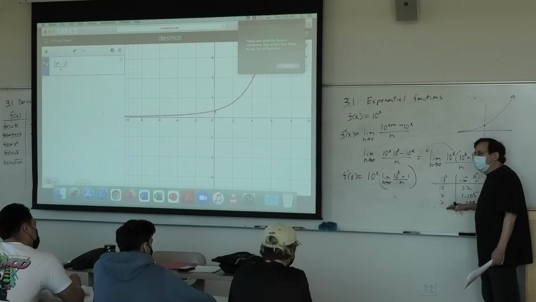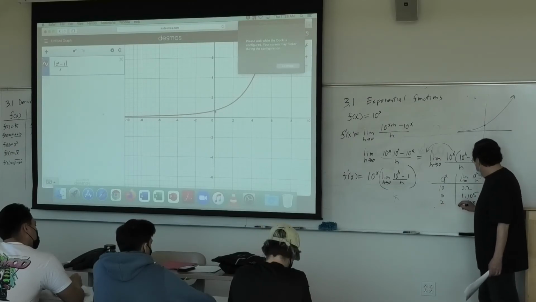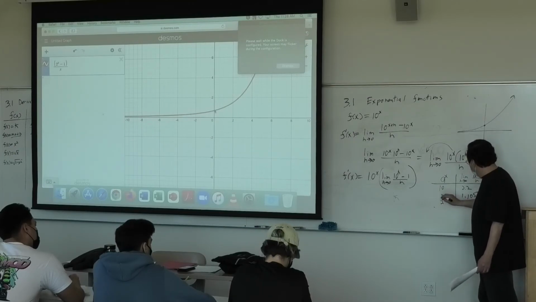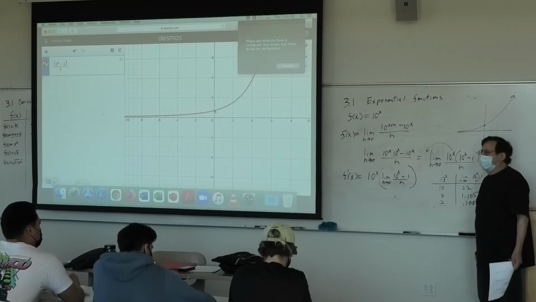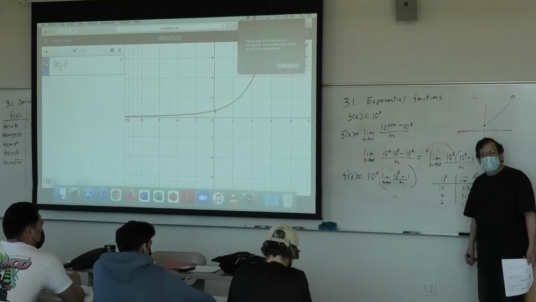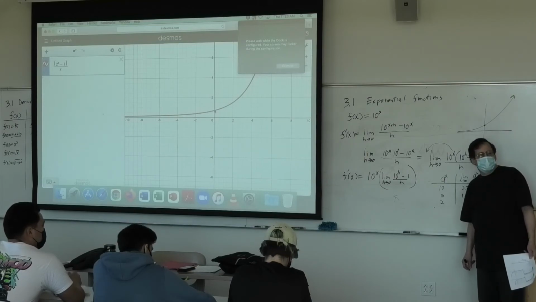Just doing a little numerical investigation here. It looks like somewhere between 2 and 3, that constant would be 1. Anybody seen this before?